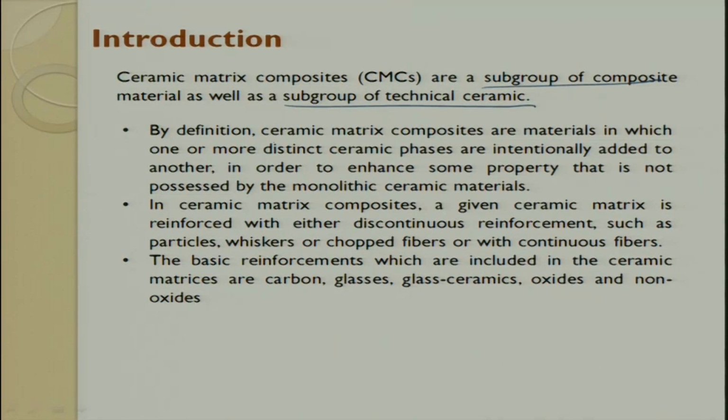By definition, ceramic matrix composites are materials in which one or more distinct ceramic phases are intentionally added in order to enhance some properties that are not possessed in the monolithic ceramic. So, the biggest thing we are looking forward to is enhancing the toughness property. The toughness property can be enhanced by adding particulates.